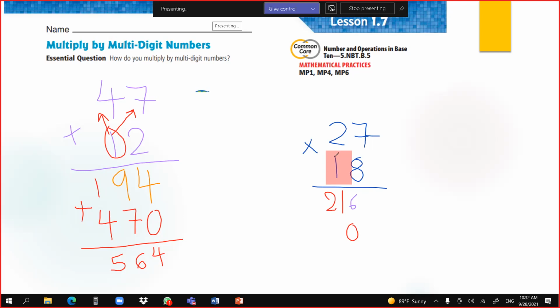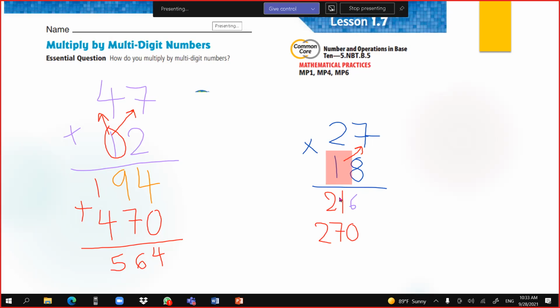Then after I added a 0, I can multiply easily. Just the number 0. Exactly. Just 0. Don't write anything else. Then 1 times 7 is 7. And 1 times 2 is 2.